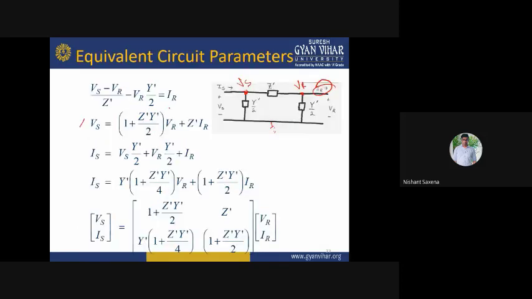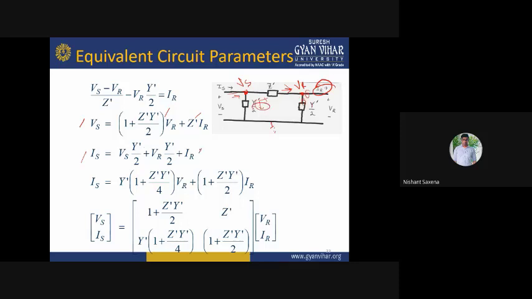VS is equal to (1 plus Z dash Y dash by 2) into VR plus Z dash into IR. Similarly, IS will be equal to VS into Y dash by 2, plus VR into Y dash by 2, plus IR. Look at this: IS is the current in this direction and in this direction, so I am adding this current and this current.